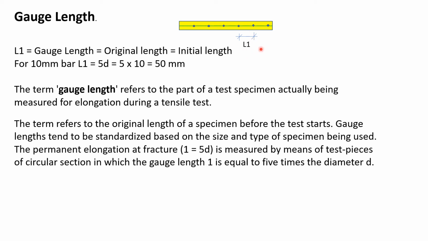L1 is 50 mm, and before breaking the bar elongates. So when after breaking we join the two pieces together and measure this length, it will not be L1 but it will be more than L1. If the bar breaks in this gauge length, then from this point to this point we measure the final length after failure, which we call L2.